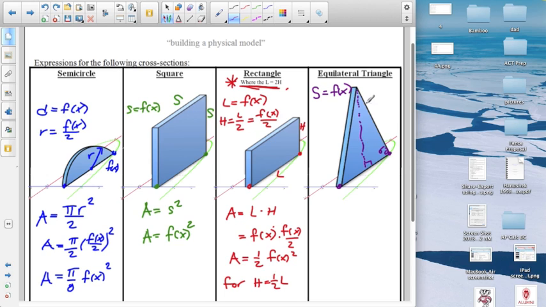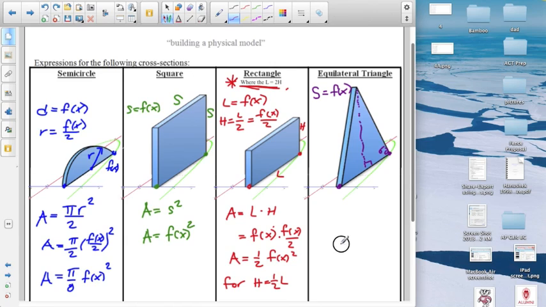And in order to get this altitude, we need to take the square root of 3 times just this portion of that side. So sketching out that 30, 60, 90 triangle. Let me redraw that. That was kind of sloppy.